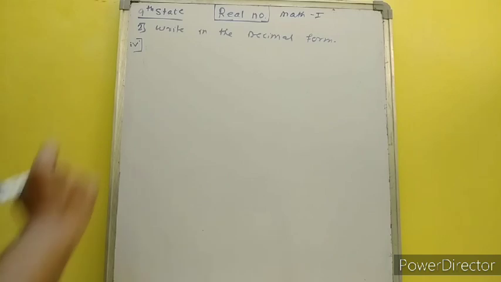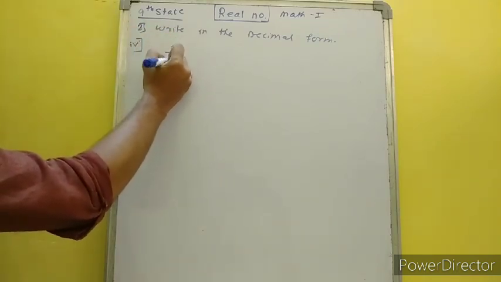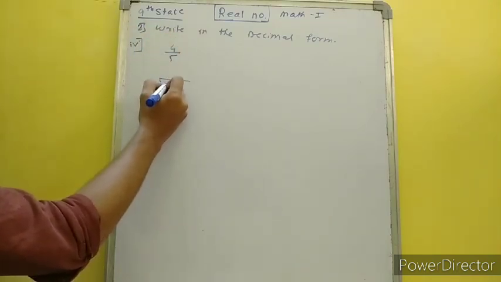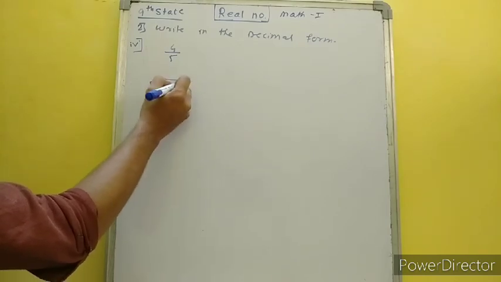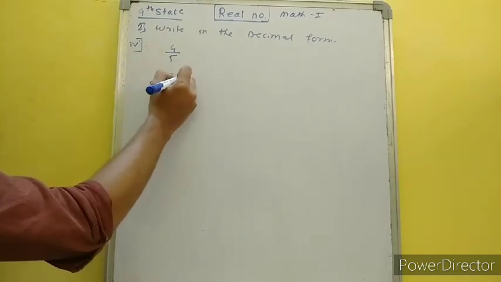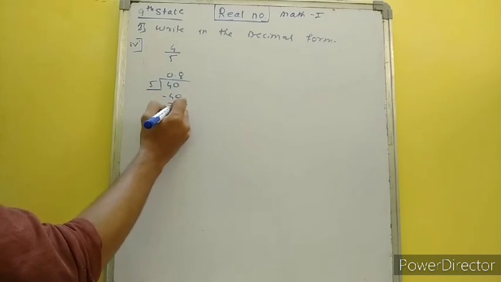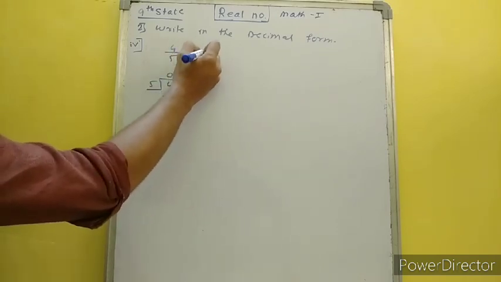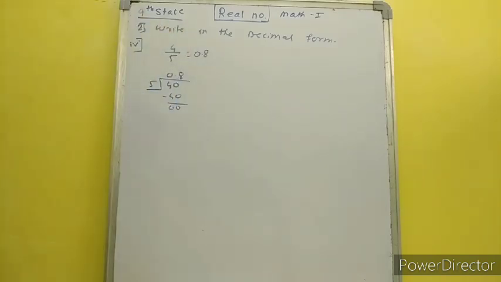Okay, the next question is 4 upon 5. So this is a bit easier. 5 8s are 40. So its solution is 0.8 in the decimal form. Then the next is 17 upon 8.